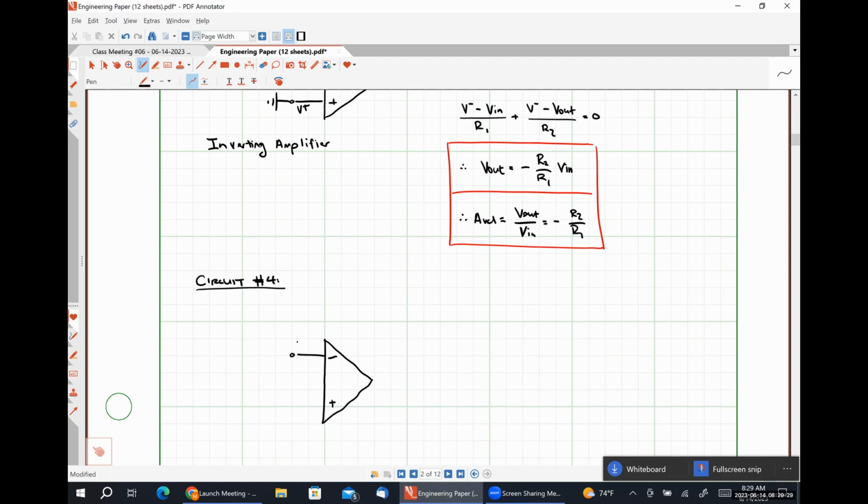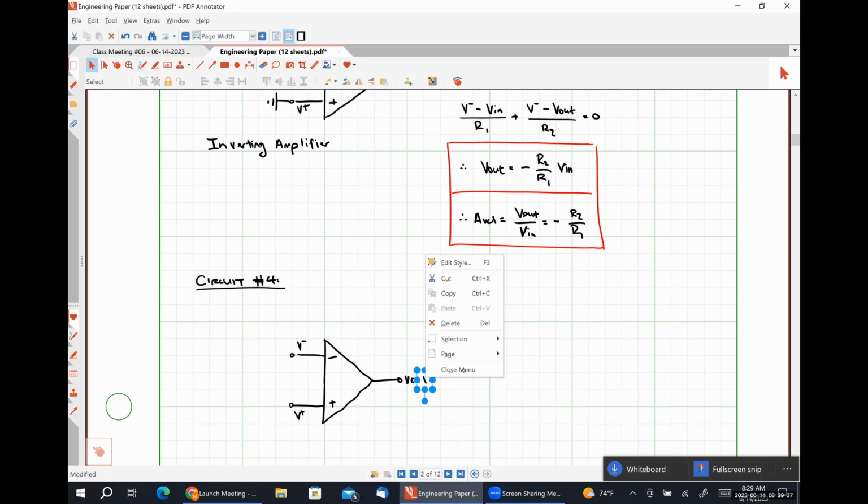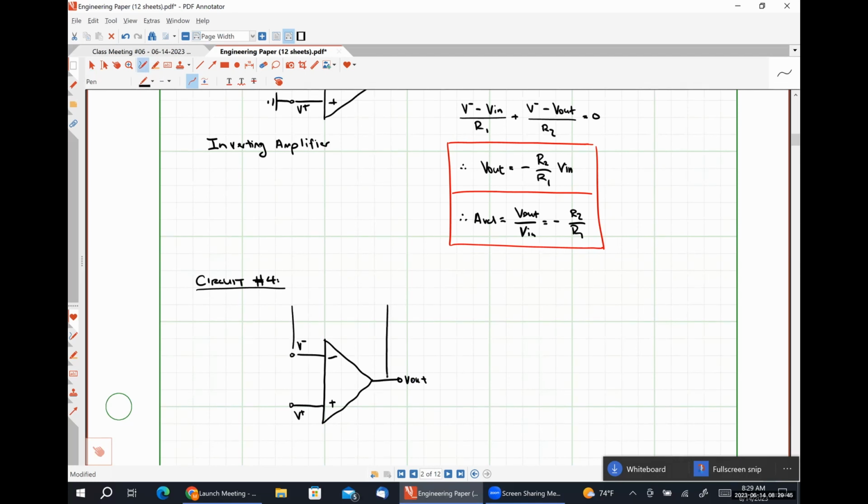Once again, here's my inverting input pin, my non-inverting input pin, and my output pin. I'm going to apply my negative feedback. In this case, I'm going to label this resistor simply RF for reasons that will be obvious in just a moment.